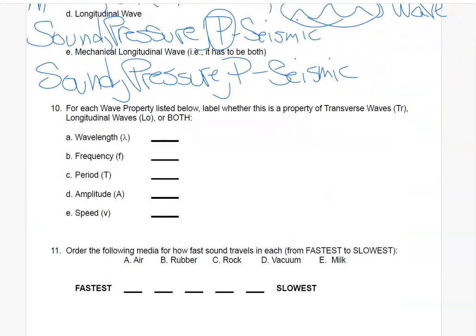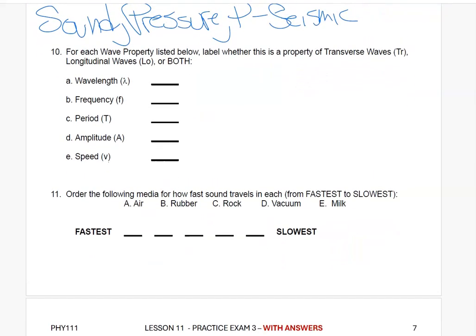All right, our next problem says, for each wave property listed below, label whether this is a property of transverse waves with a TR, longitudinal waves with an LO, or both. We have wavelength, whose symbol is a lambda, the Greek letter for the lowercase l, frequency, lowercase f, period, an uppercase T, amplitude, an uppercase A, and speed, a lowercase v.